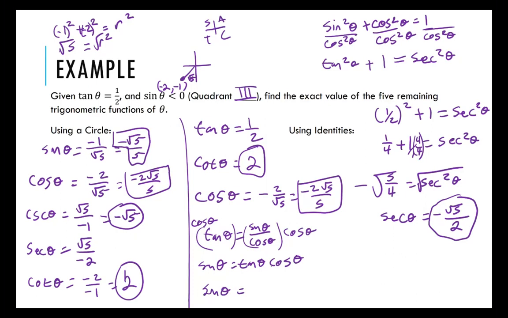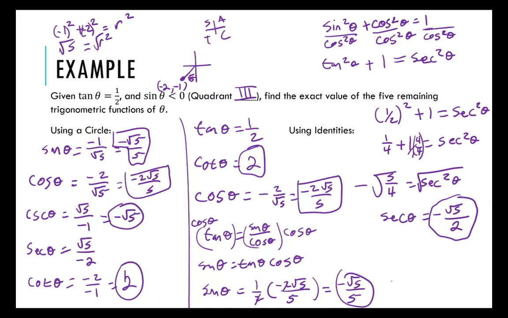Sine of theta is equal to tangent of theta times cosine of theta. Tangent of theta is a half. Cosine of theta is negative 2 root 5 divided by 5. Well, 2 divided by 2 is 1. I'm left with negative root 5 over 5.